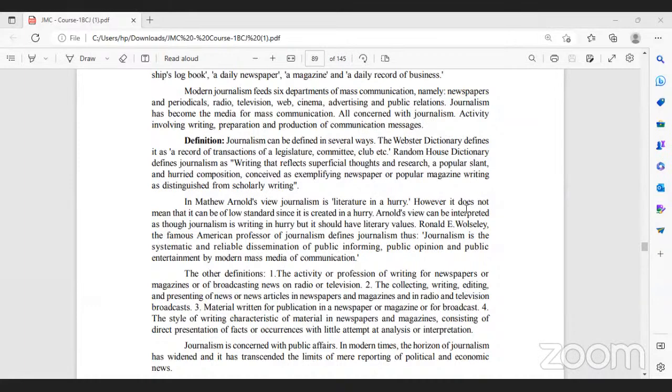Thus, it is a systematic effort where you can rely on the information being given, and this information should be helpful in forming public opinion and sometimes serve as public entertainment. But all this can only happen with the use of modern mass media of communication.